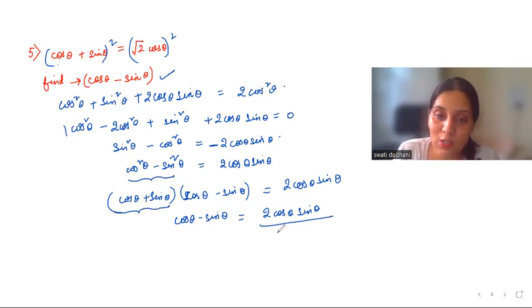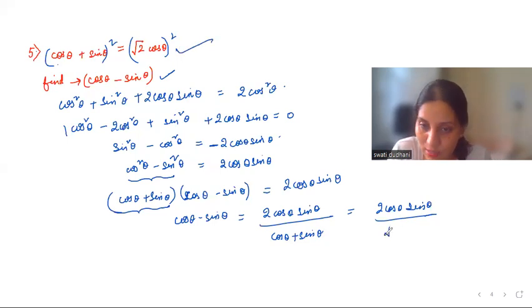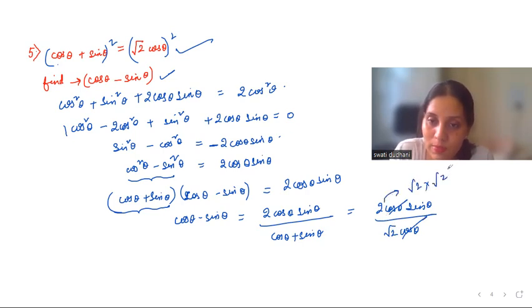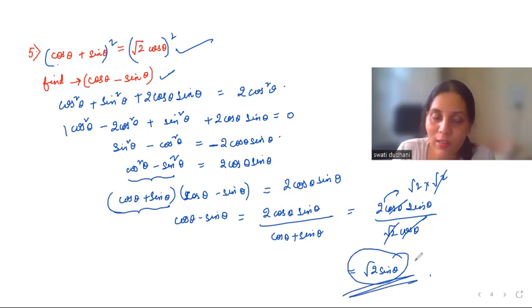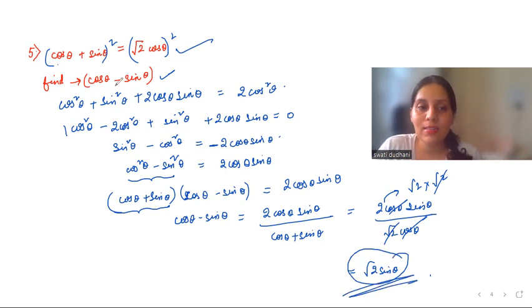I will transpose it to the other side. But we know the value given. Cos theta plus sine theta is root 2 cos theta. So I can write root 2 cos theta. Cos theta cuts. Now, 2 is basically root 2 into root 2. So one root 2 cuts. So I get root 2 sine theta. This is the value of cos theta minus sine theta.